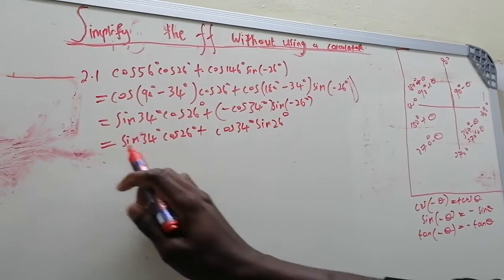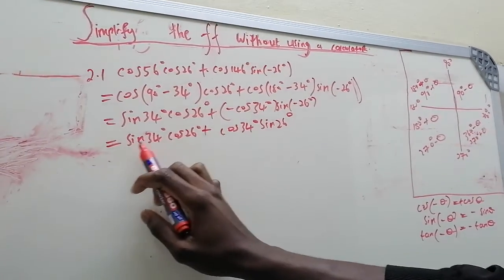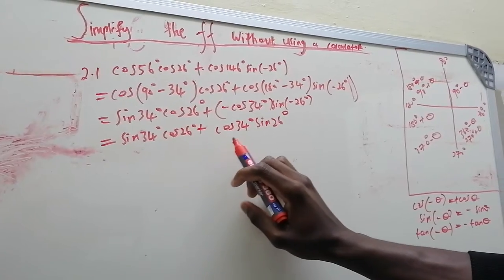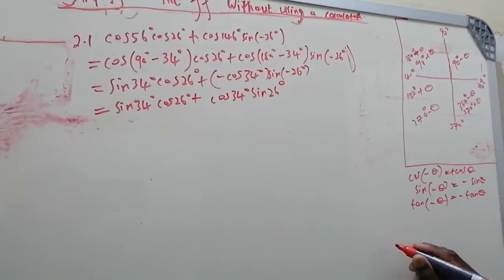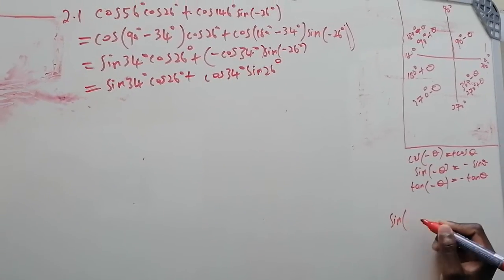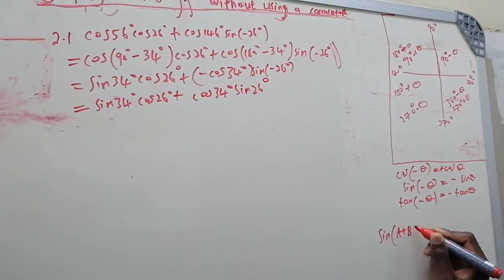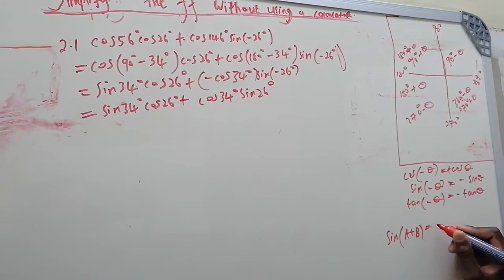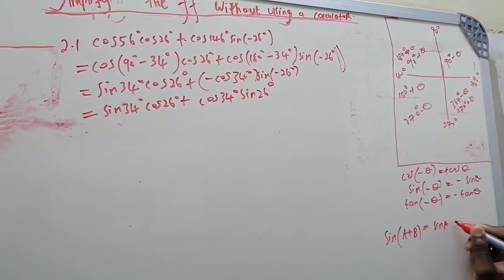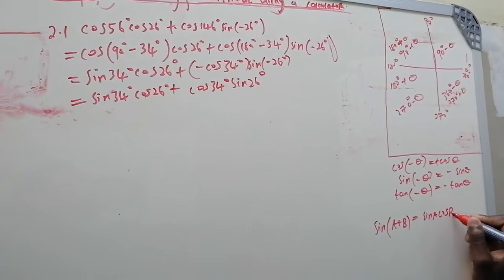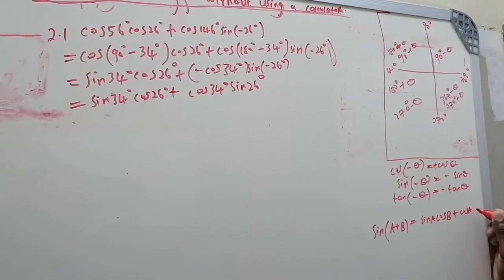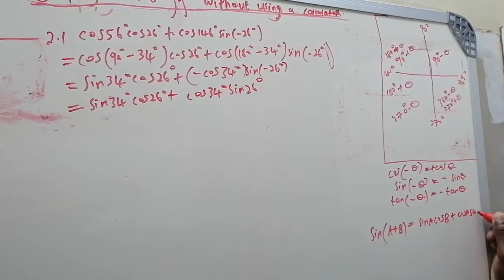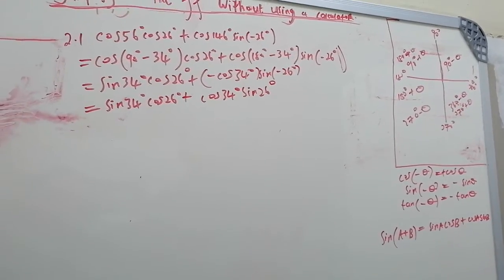Therefore, this is a compound angle. Since we have sine 34 degrees cos 26 degrees and cos 34 degrees sine 26 degrees, this is a compound angle of sine, which is sine of a plus b, and this is sine a cos b plus cos a sine b.